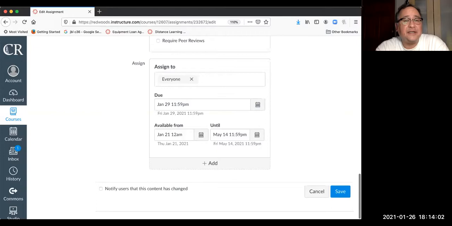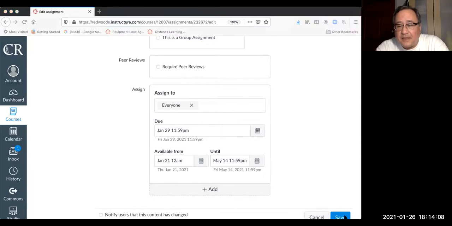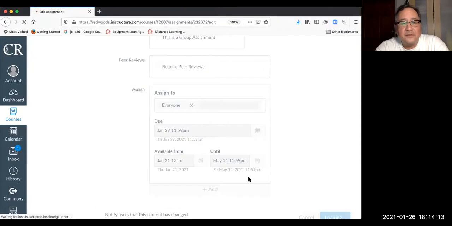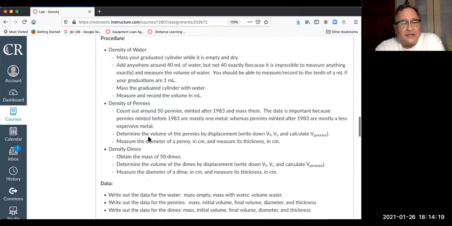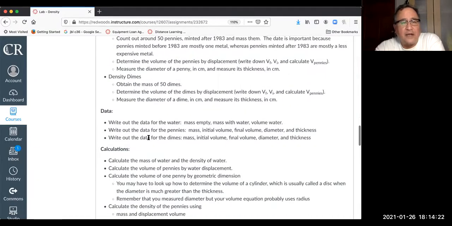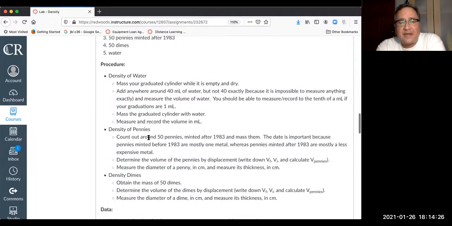And let's see. Where's my save button? There it is. Okay. All right, so back to this. If you look at where we were looking at the procedure: mass the graduated cylinder while it's empty, add around 40 mils of water, mass the graduated cylinder with water, measure and record the volume in milliliters.